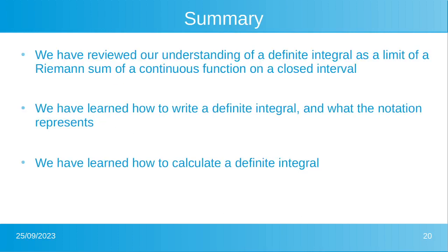So to summarize, we've reviewed our understanding of a definite integral as a limit of a Riemann sum of a continuous function on a closed interval. And we've learned how to write a definite integral and what the notation represents. We've also learned how to calculate a definite integral with a worked example.